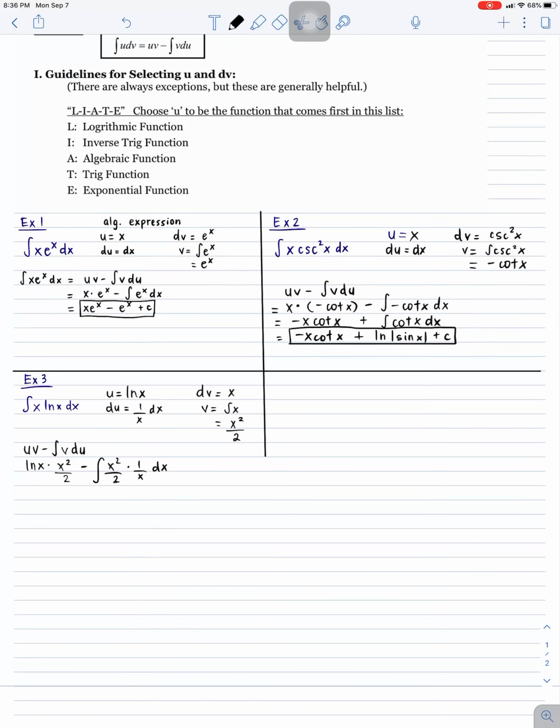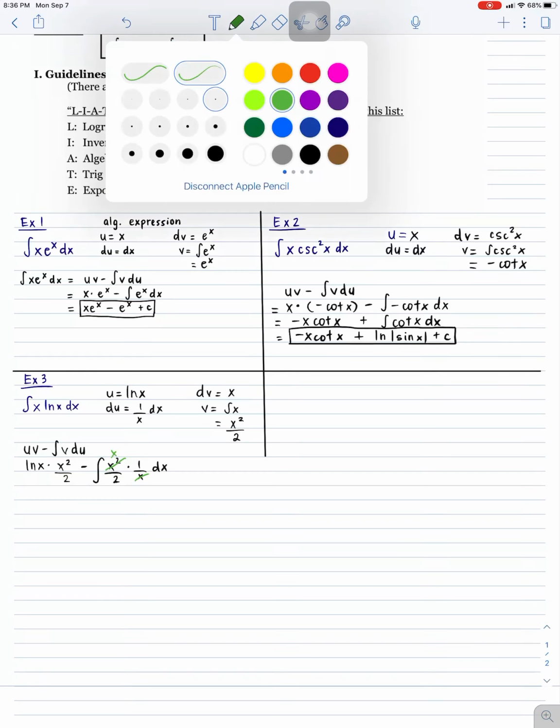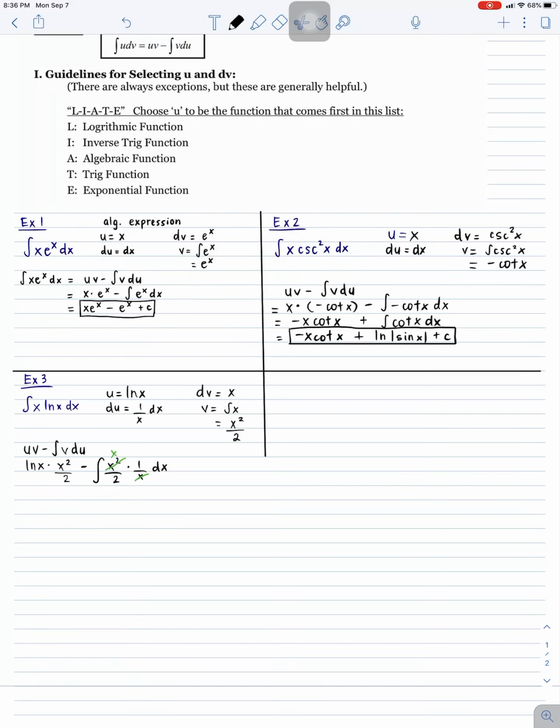Okay. And I like to clean things up first, so I'm going to clean up x squared and x, so that's going to leave me an x on top. Okay, so then this is going to be equal to ln x times x squared over 2. And I'm going to go ahead and take the 1/2 out, so I'm going to 1/2.